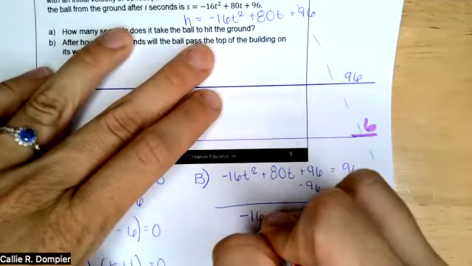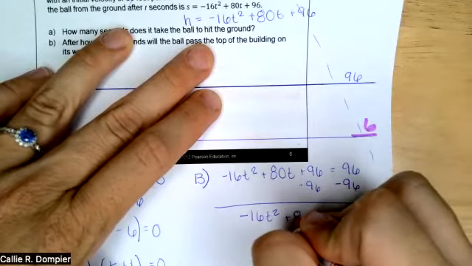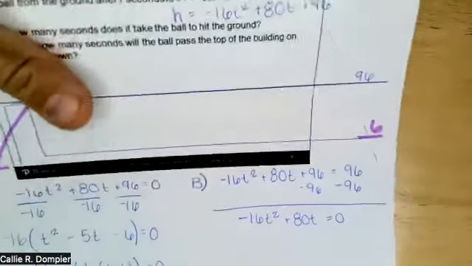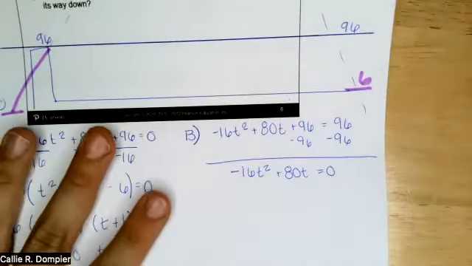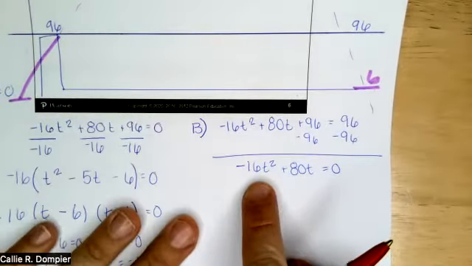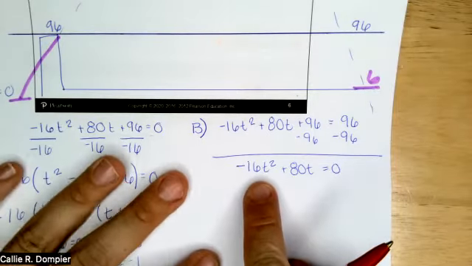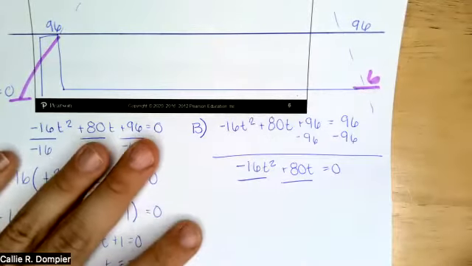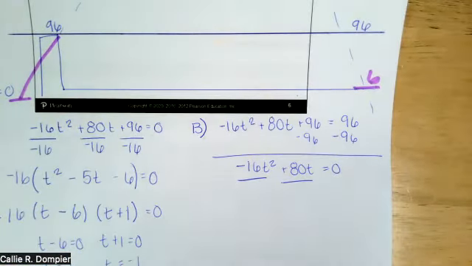Now it's negative 16t squared plus 80t equals 0. Good. All right, you could put this into your quadratic formula, but you could instead just factor out a term. What's the biggest term we can factor out?